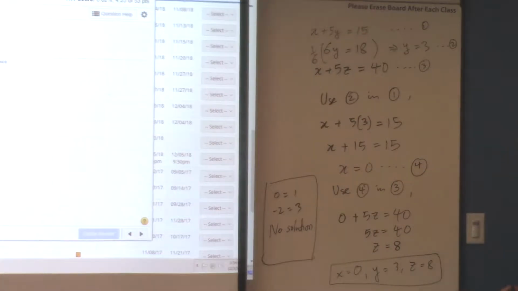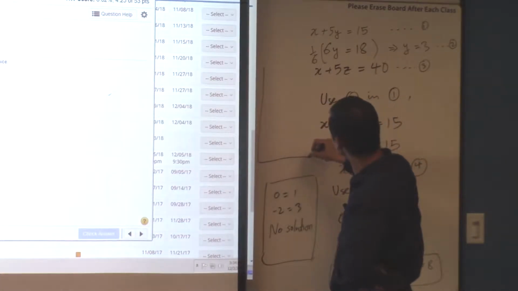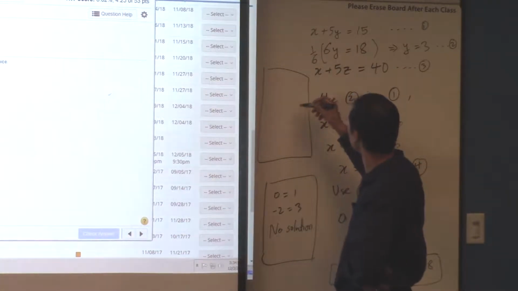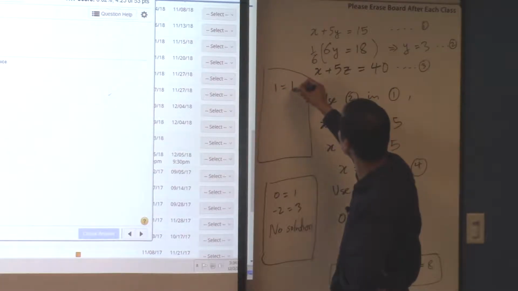there is no solution. Or you can run into identities like 1 equals 1, or -2 equals -2.